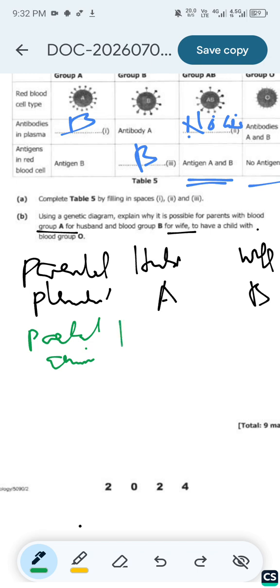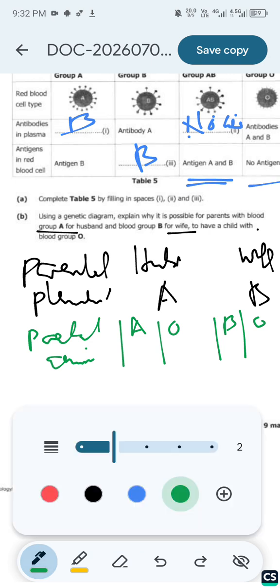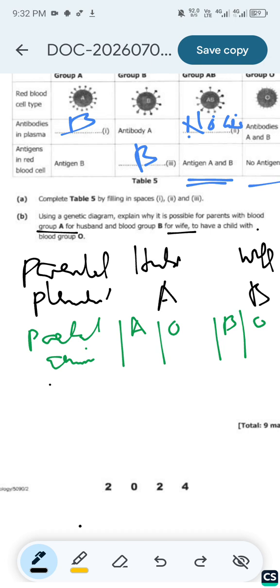So parental genotype, we are going to have the parents, this one need to express with this, and this other one need to express with this. So that when we are doing the cross matching, allele expression, we always cross the first with the third one.